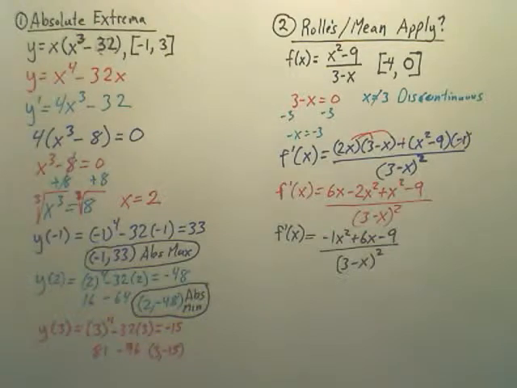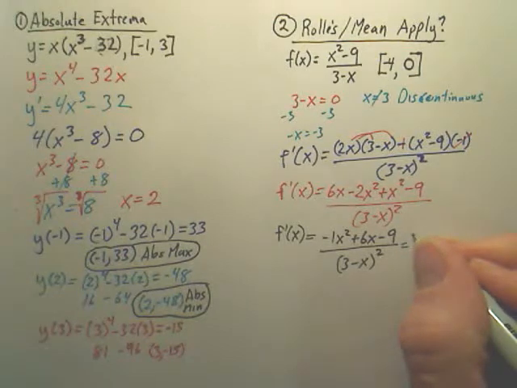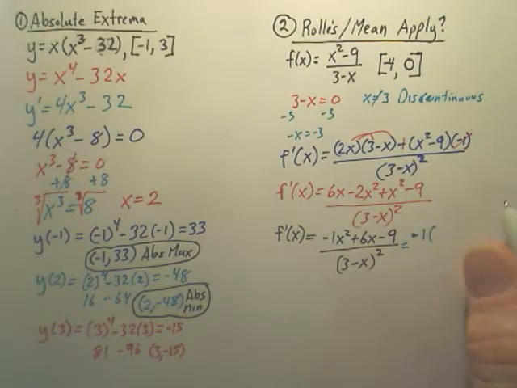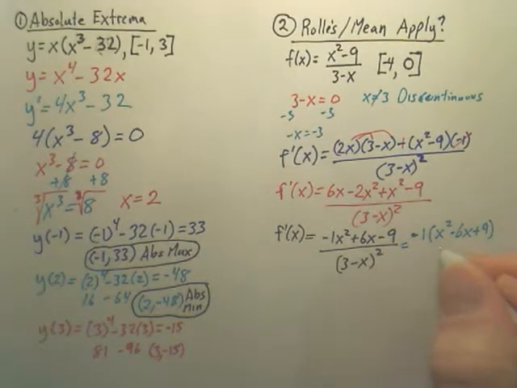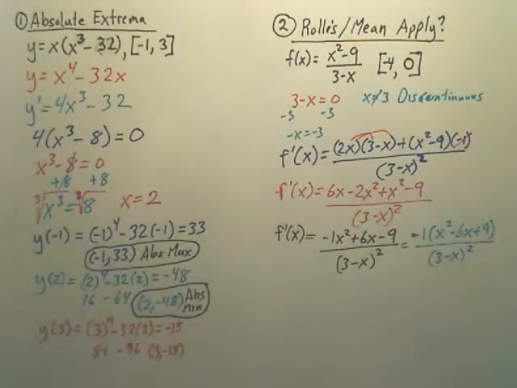Could I rewrite this by pulling a negative 1 out and making this x squared minus 6x plus 9, over 3 minus x squared?